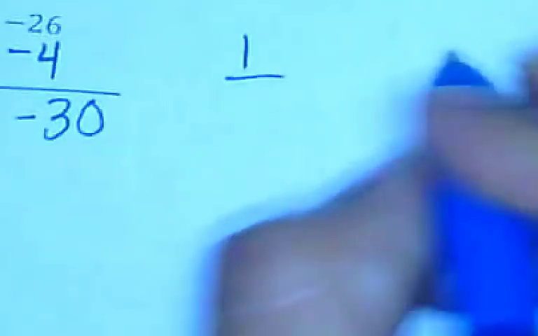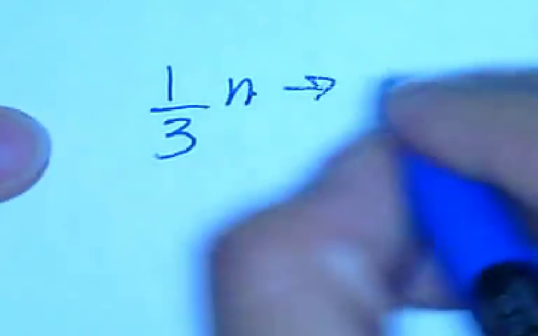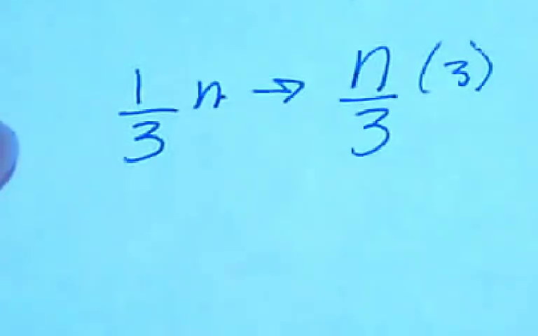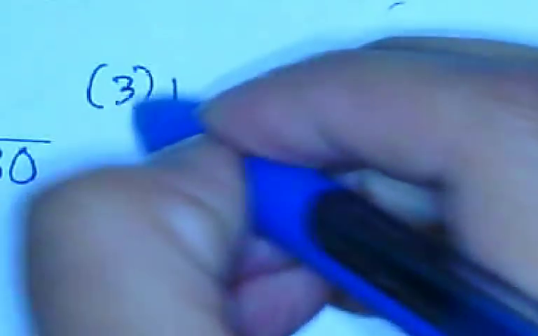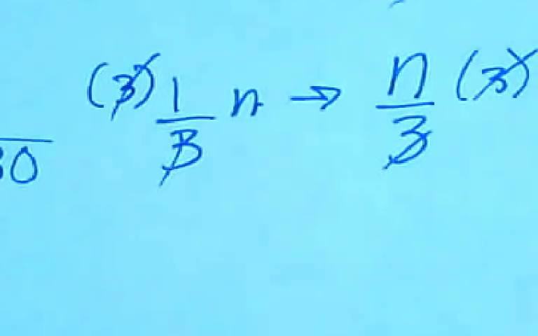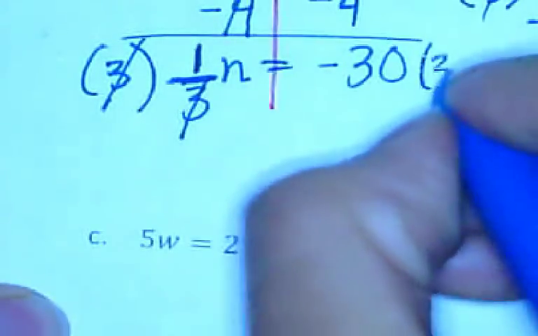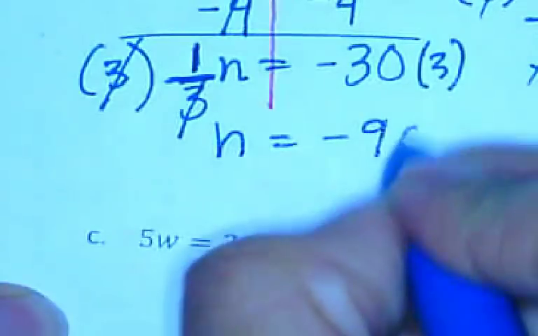Again, just on a side note, 1/3 n is the same thing as n over 3. If you see it this way, you wouldn't even doubt that you should multiply by 3 to get it out. Going back to the problem, what I do to one side, I do to the other. So then n would equal negative 90.